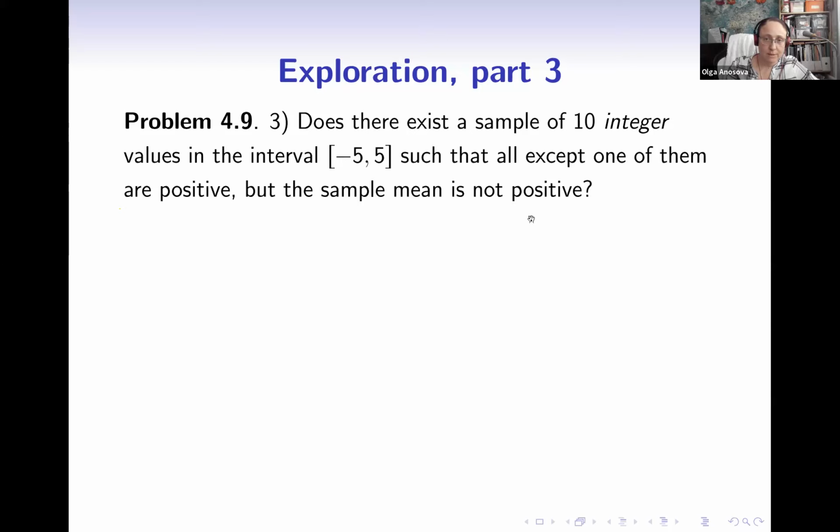So you see the main difference with the previous problem is integers. Does it make a difference? So can we give an example of 10 integer values with very similar properties?